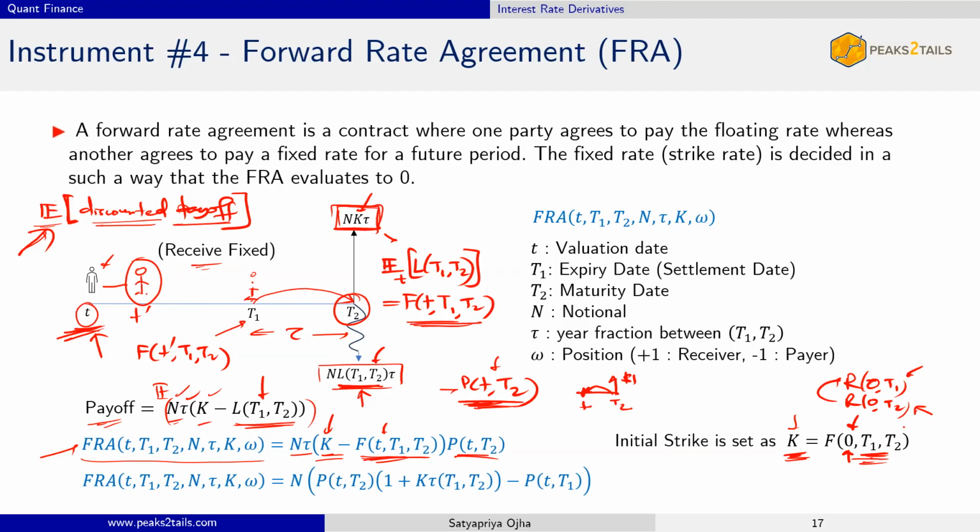You need to have the simply compounded formula. In the numerator, when you are multiplying the rates, these are coupon payments, which always are in simple compounding. Do not use continuous compounding to calculate the coupon payments ever. That's wrong. All right, so that's how you fix K.